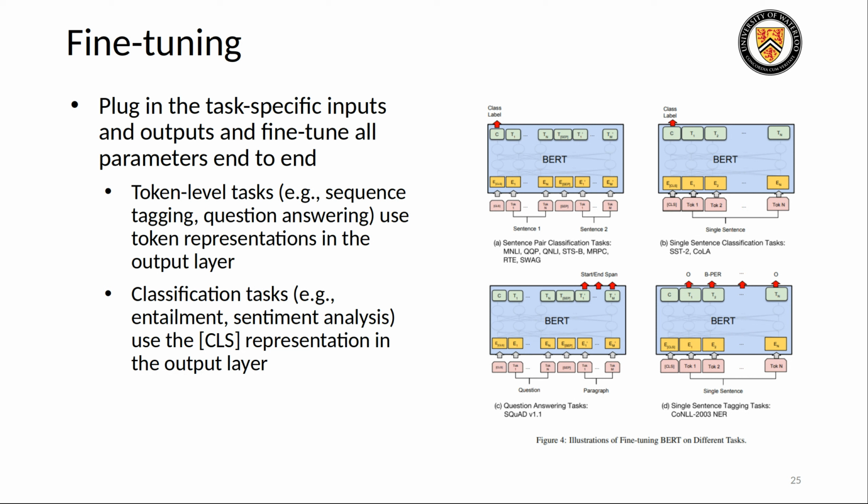In the original BERT paper, the authors demonstrate the effectiveness of fine-tuning BERT on a wide range of NLP tasks, such as sentence pair classification, single sentence classification, question answering, and sequence tagging. The token-level tasks, such as question answering and sequence tagging, use the token-level representations from BERT, while sentence-level tasks, such as sentence pair classification, use the CLS token representation as the input to the task-specific output layer.